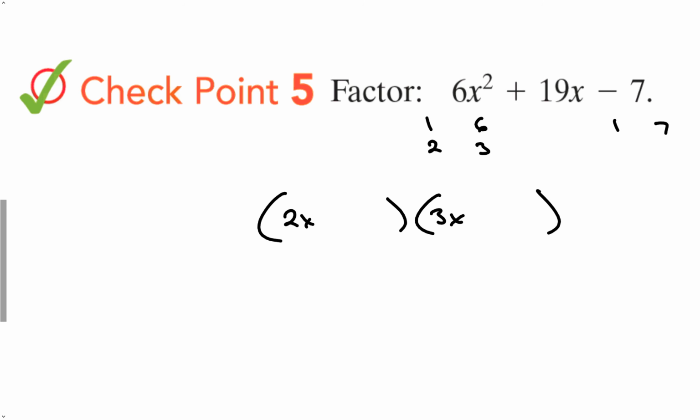But a positive 21 and a negative 2, positive 21 because that's the inside pair, and the outside pair, gives me a positive 19. So this is the factored expression. Again, if I wanted to, I can multiply 6 and negative 7 and find the factors that subtract to 19, split up the middle term, and factor by grouping.